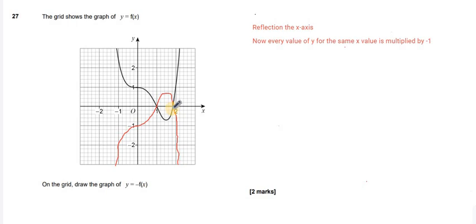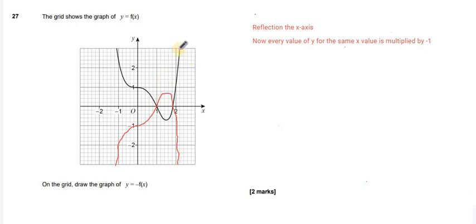Y value here is 0, which will remain 0. Now the x value here, that gives you this y value between 0.6 and 0.8, that same x value will now give you a positive value of y, because multiplied by minus 1.